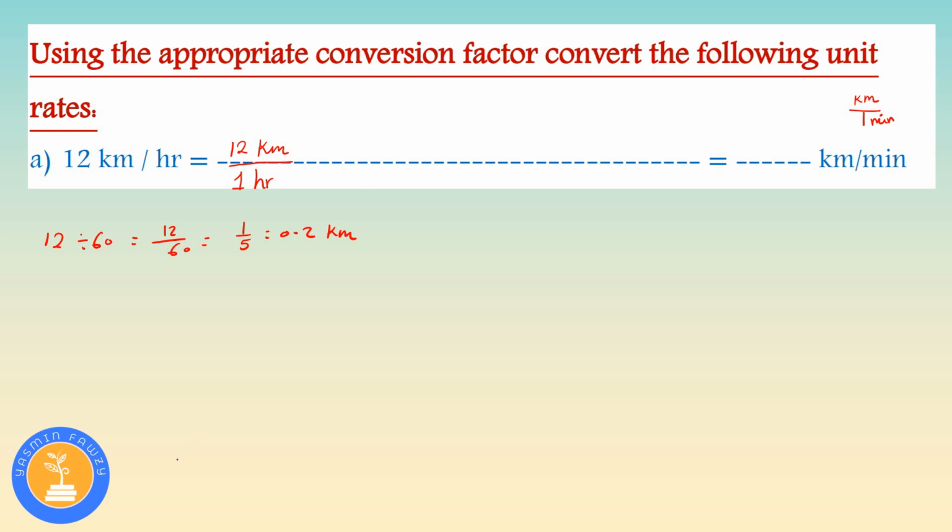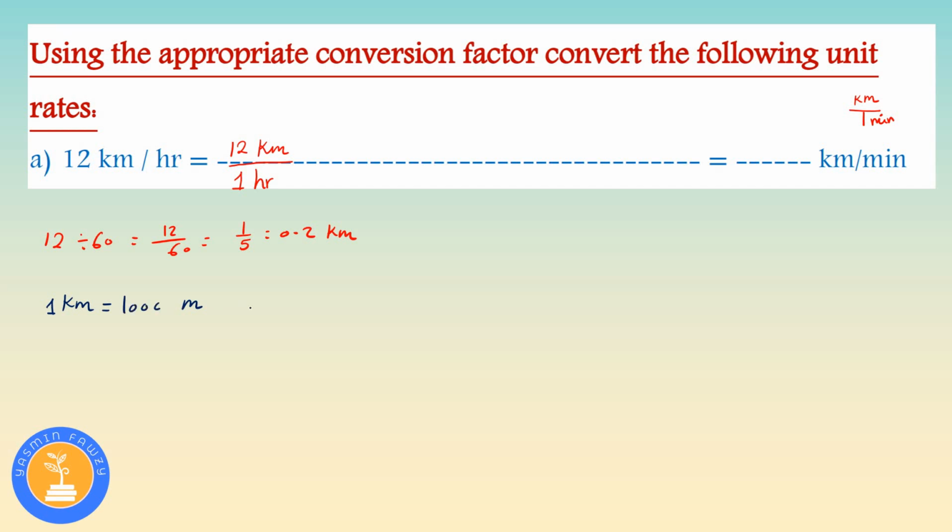I will use something called conversion factor. What does it mean, conversion factor? It's a relation between two equal units. What does it mean, two equal units? It means if I want to find out a relation between kilometer and meter, well, all of us know that 1 kilometer equals how many meter?